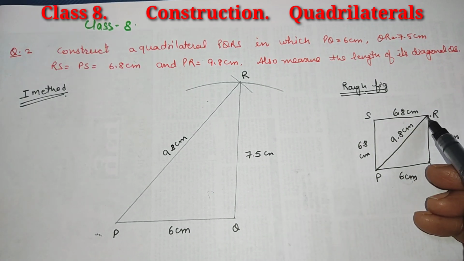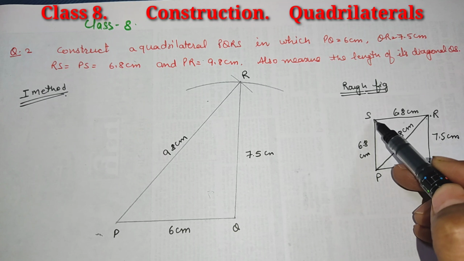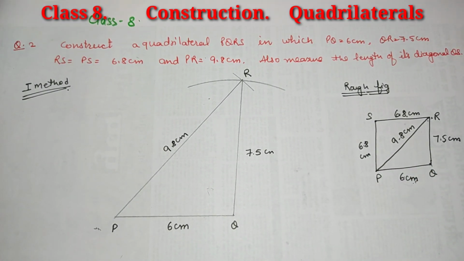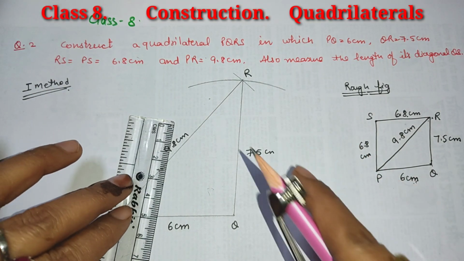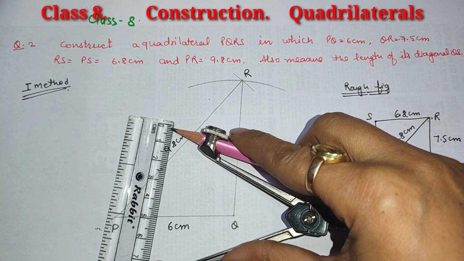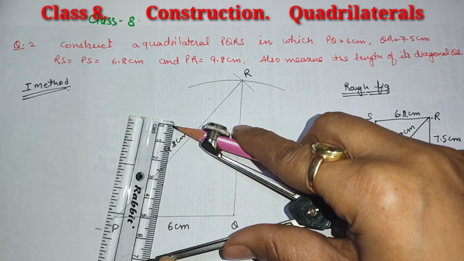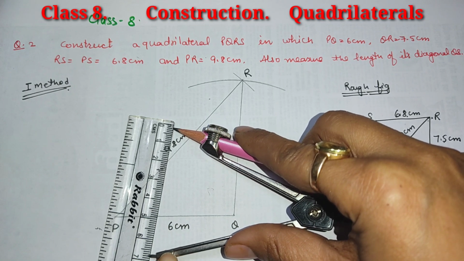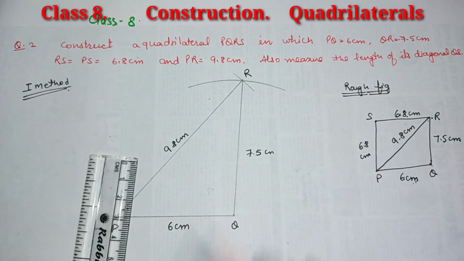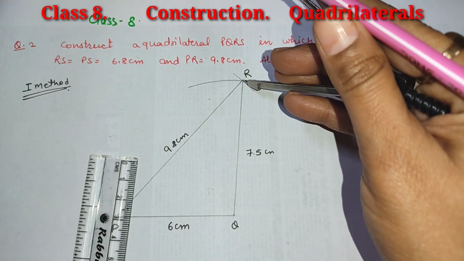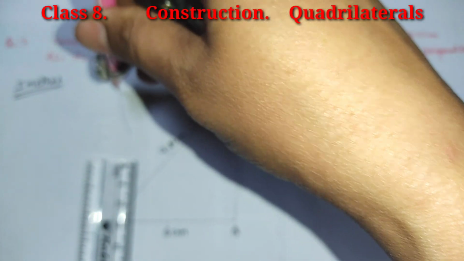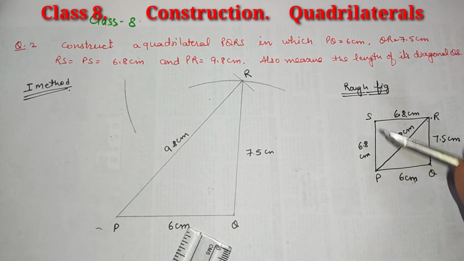Now from point R, you have to make an arc of 6.8 cm. So again, 6.8 you have to measure. This is your 6.8. From R as a center, one arc of 6.8, and again from P it is 6.8.